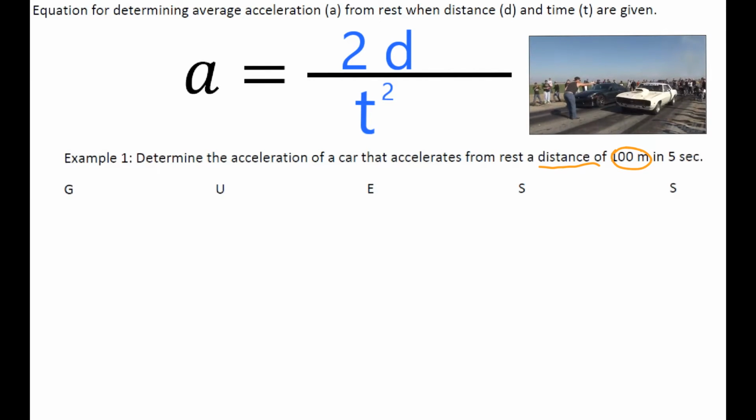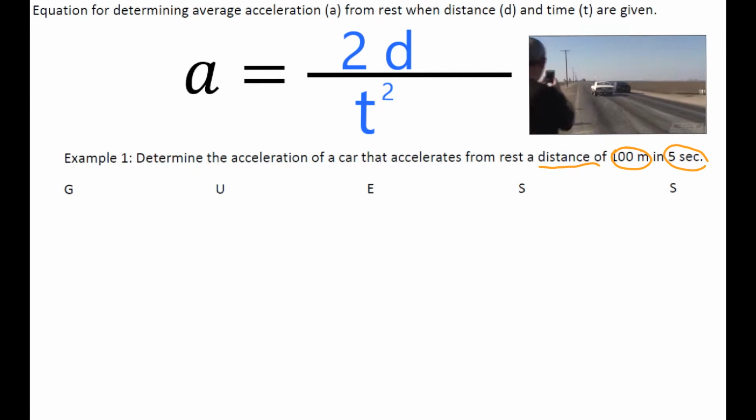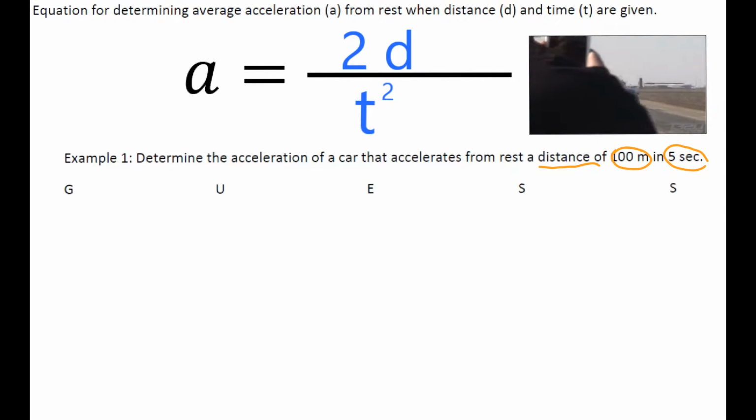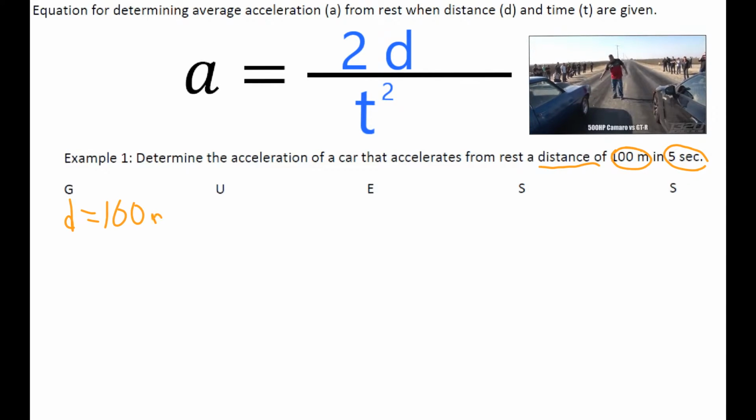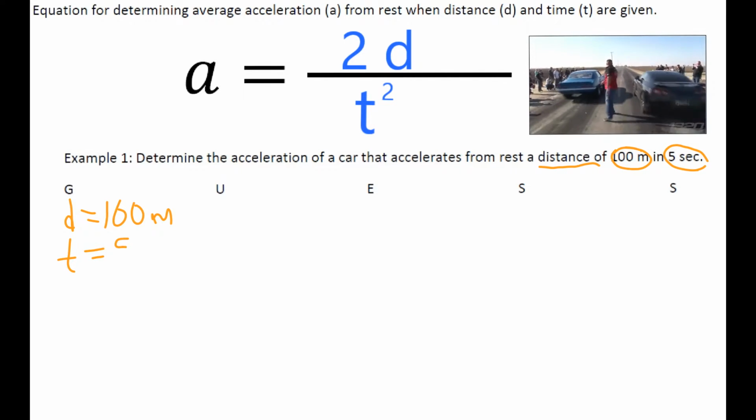That is given information, it's a number. Here's another number, 5 seconds, which is associated with time. So I'm going to write down d, distance, is equal to 100 meters, and my time is equal to 5 seconds.